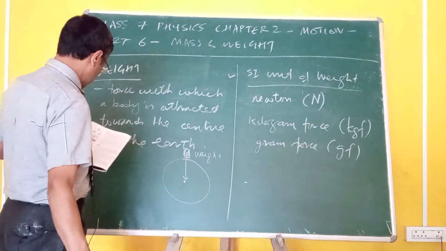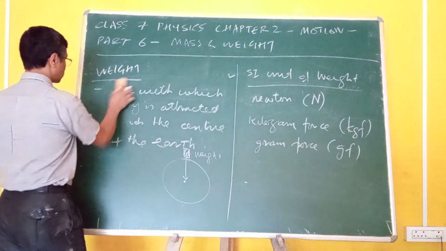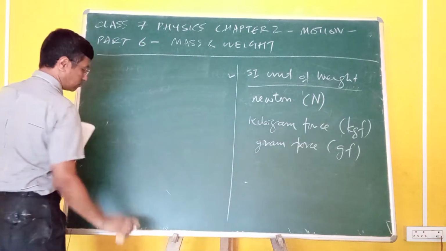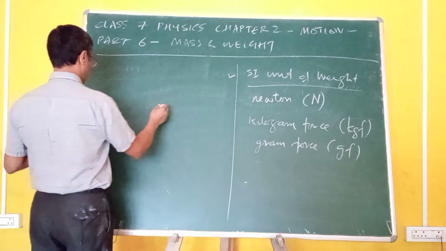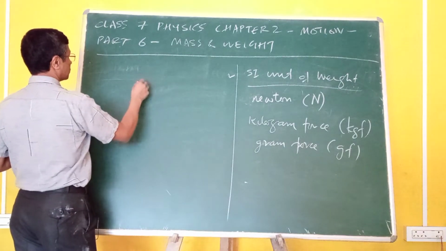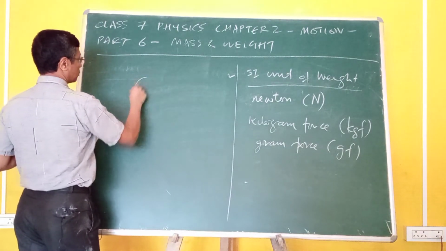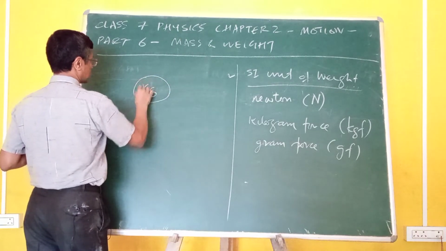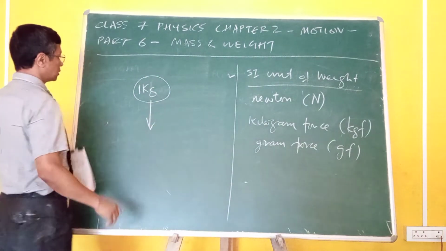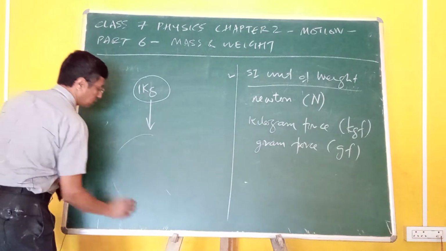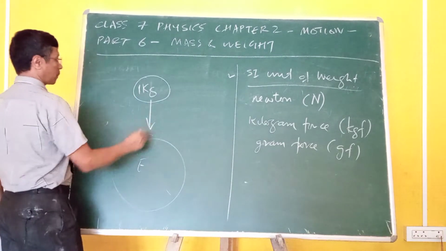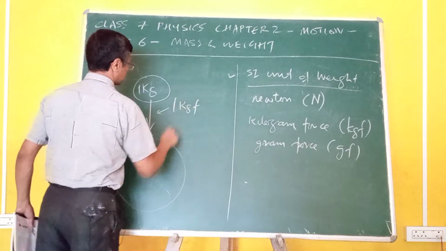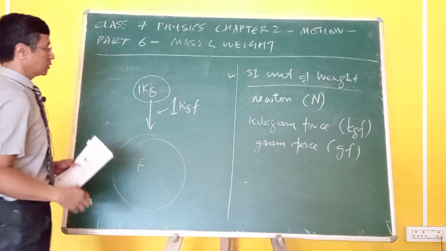Now 1 kilogram force is the force with which the earth attracts a body of 1 kg weight. Let's say you got 1 kg weight here. The force with which the earth attracts this body, that is called 1 kilogram force by simple definition.